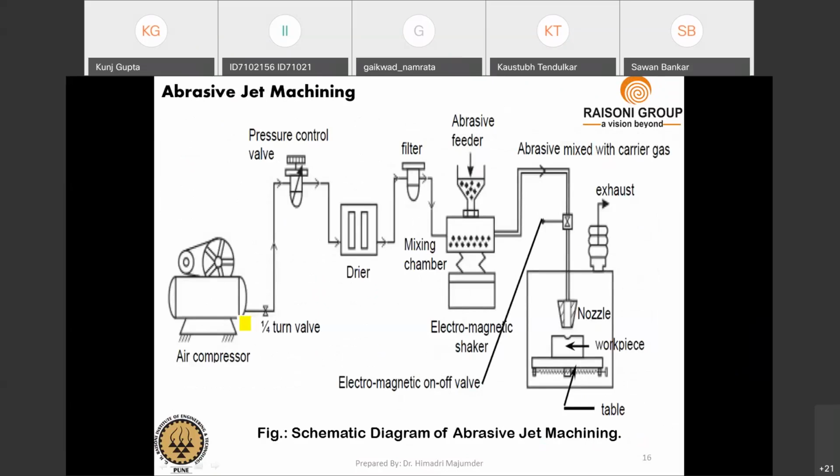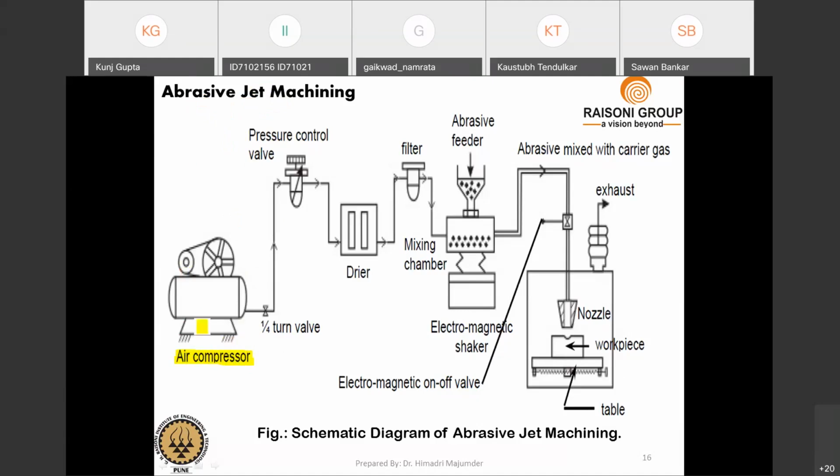It will start from the left side. As you can see here, first there is an air compressor. What is the function of this air compressor? This air compressor will regulate the pressure needed. As you know, in abrasive jet machining, we use a high speed jet of abrasive for material removal. So to get that high velocity, we use this air compressor.